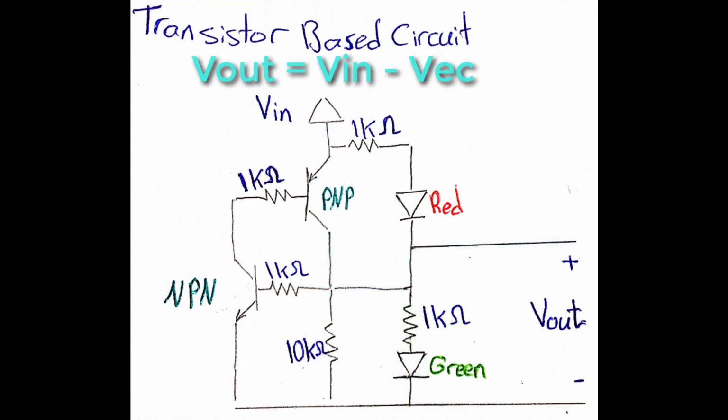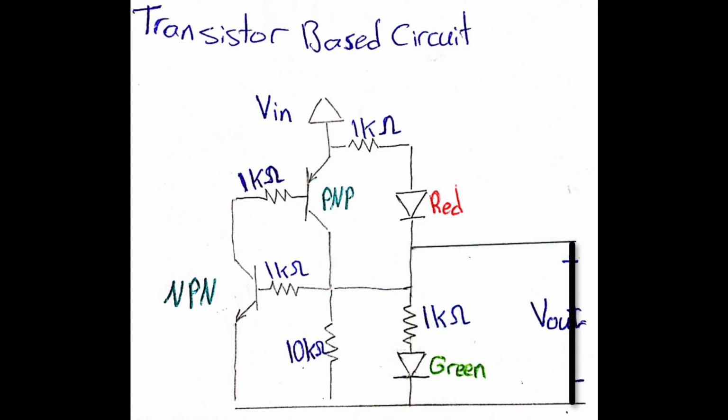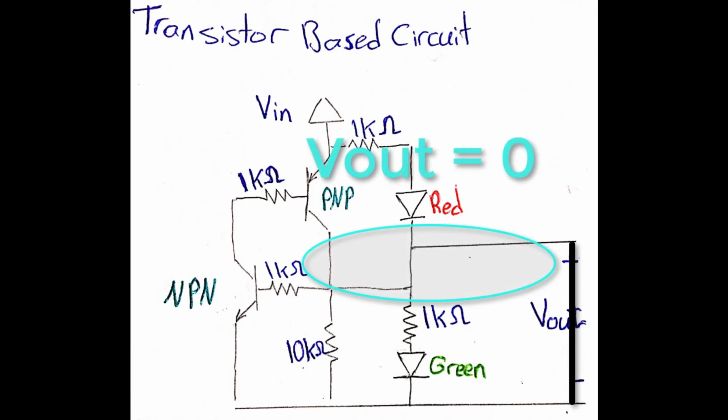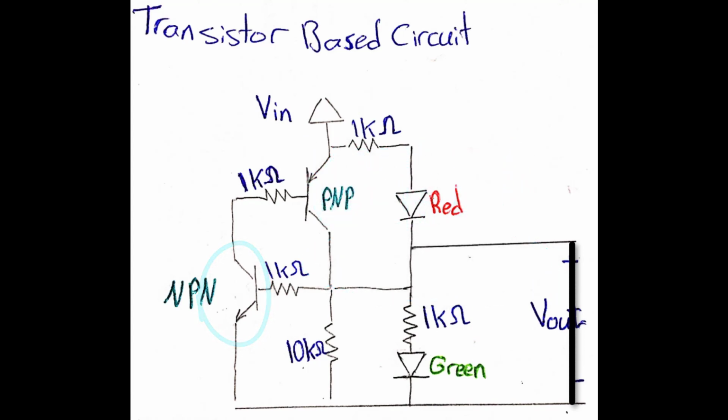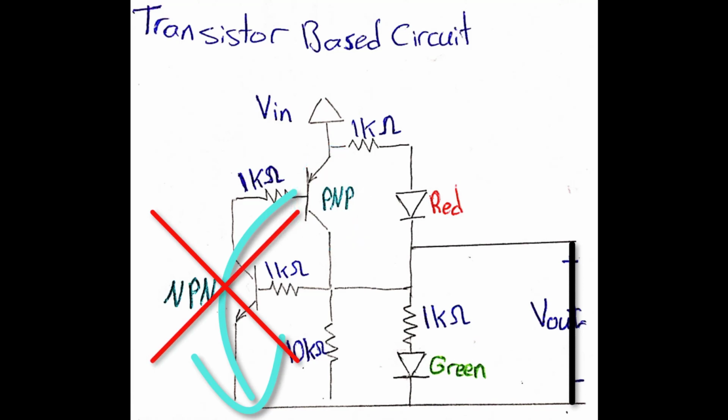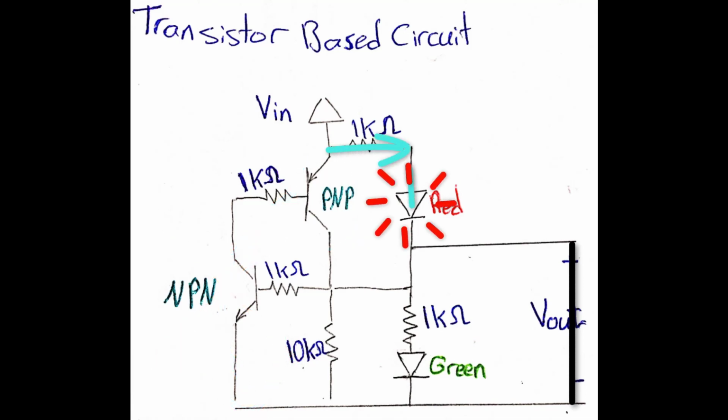And here's what happens when a short circuit occurs at the output. Of course, in such a case, the potential difference at the output will be zero, which will turn off the NPN transistor. On the other hand, the PNP transistor won't be driven to ground anymore, so it will be turned off as well. In this case, the electrical current will take the following path.